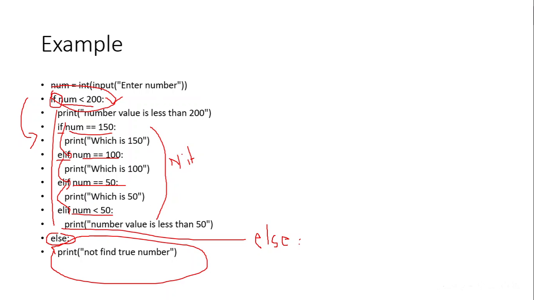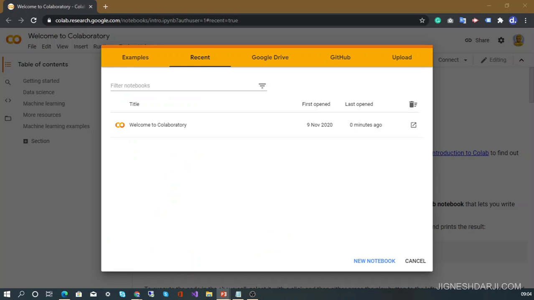It's very easy to execute this code if you have already installed Python and have Visual Studio Code or some other editor. You can simply copy this code, paste it over here, and run it. If you don't have that, I will give a quick demo with Google Colab.